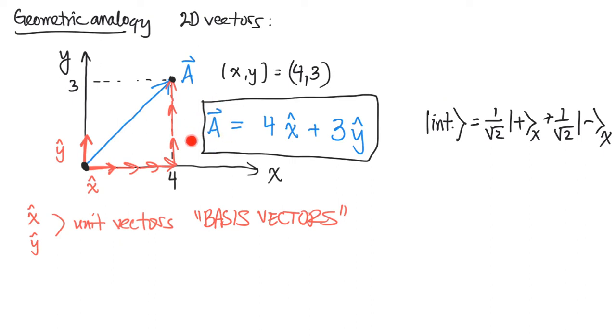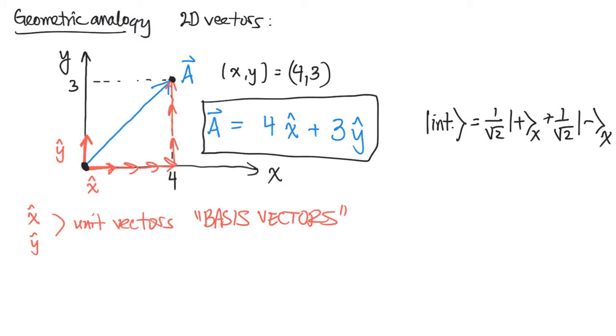The state is the vector A, here the intermediate state, is a linear combination of x hat and y hat basis vectors. Here it's a linear combination of plus x and minus x basis vectors, and the coefficients tell you how much of each basis vector you need to make up the actual state. Okay.